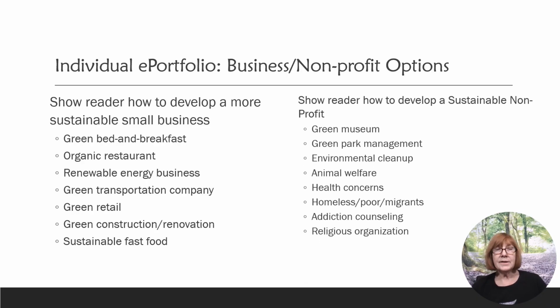And here are some ideas: a green museum, green park management, or an organization that addresses environmental cleanups, animal welfare, or health concerns, or some of the others that are listed here. The one caveat that I have on nonprofits is not to choose a protest organization, but one dedicated to performing a service, primarily because they won't lend themselves to a lot of the activities that you're learning in this course.